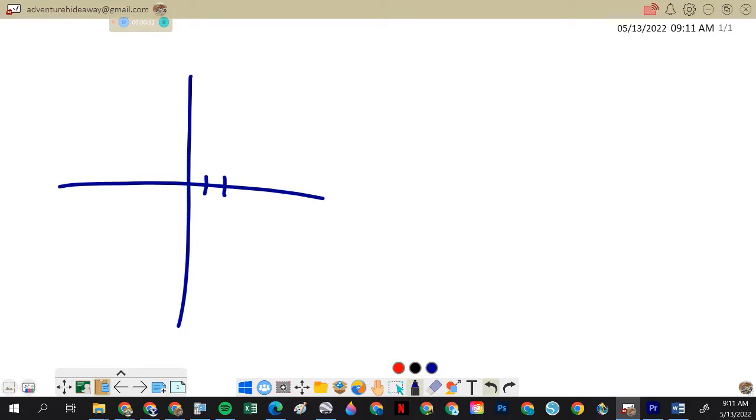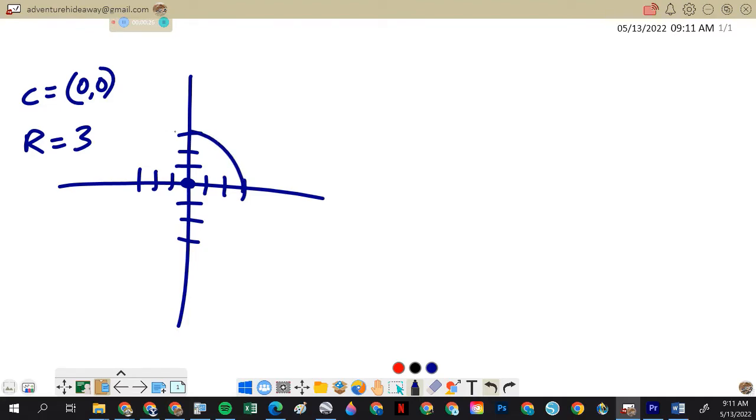10.7 deals with graphing circles. So if I had a circle that was centered at the origin, so the center is right there, and the radius was 3, so the center is 0, 0, and the radius is 3, so there's my circle.